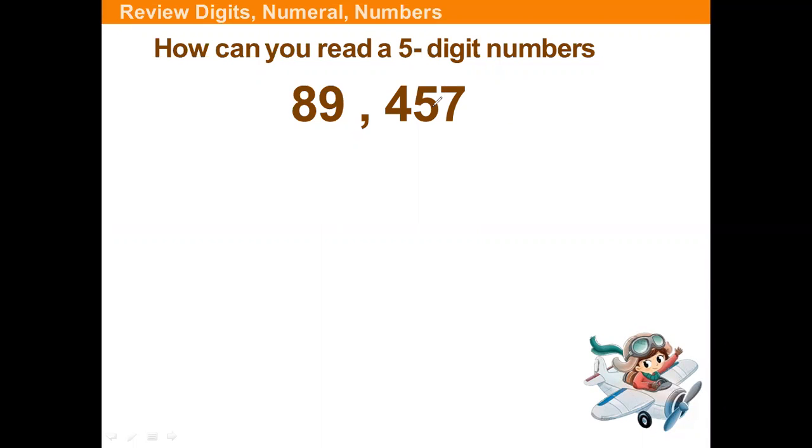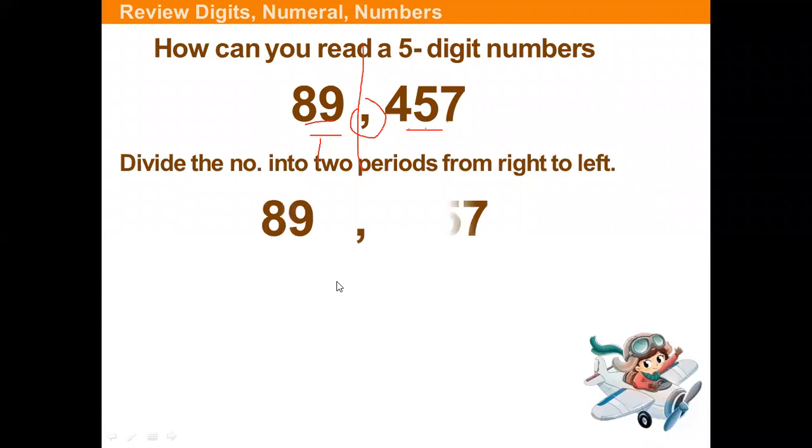After 3 digits, I will put a comma. So 1, 2, 3, I put a comma between the numbers. I will start to read these numbers. What is this number? This is 89,000. What about the rest of the numbers? It's 457.